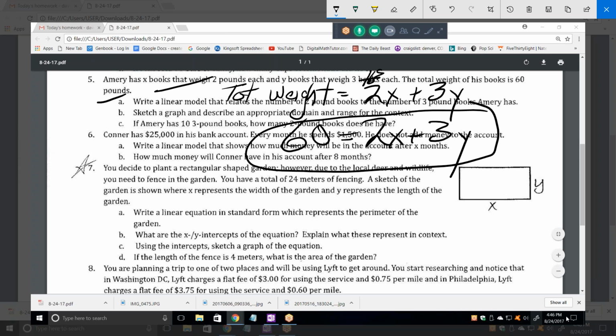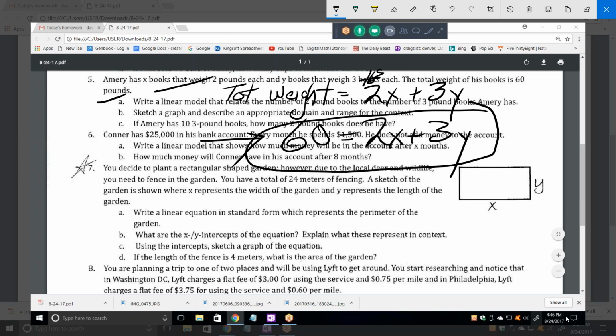And the answer to A is that: 60 equals 2X plus 3Y. Every time you write one of these equations, make sure you know exactly what X is and exactly what Y is. X is the number of small books that weigh 2 pounds each. Y is the number of big books that weigh 3 pounds each.